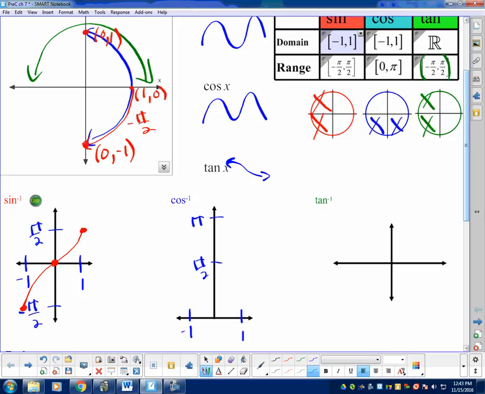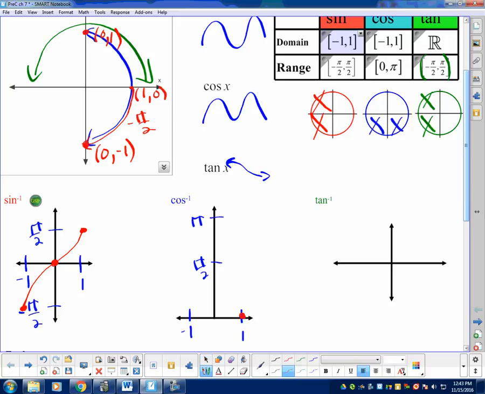So the question is, what degree measure in radians gives you a cosine of 1? Just at 0. Right? So at 1 I'm at 0.